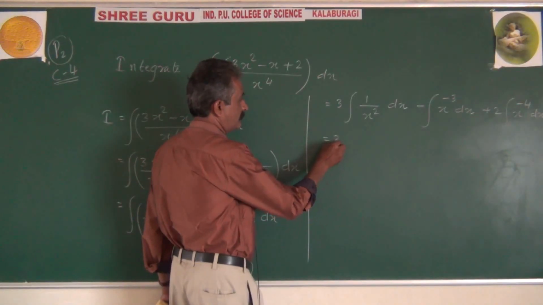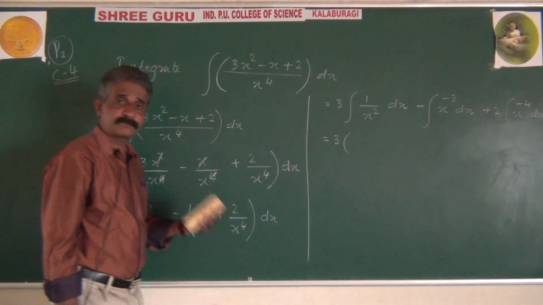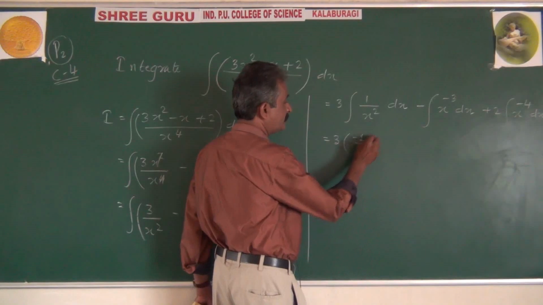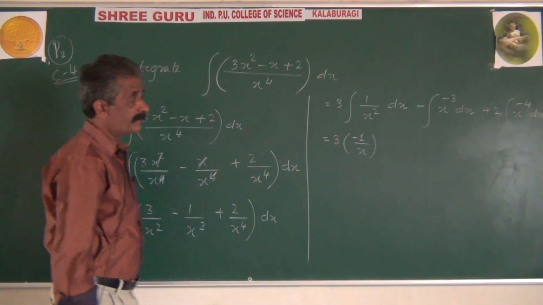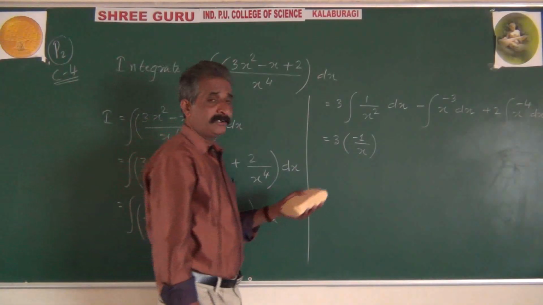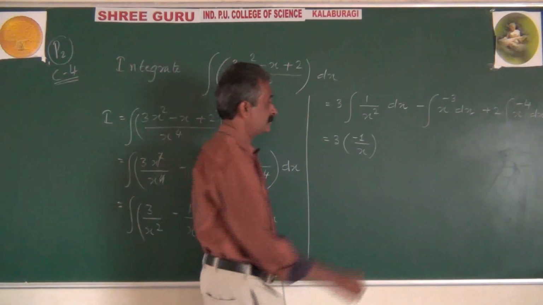3. Now recall the list of formulas. Integration of 1 by x square is minus 1 divided by x, the simple reason being that differentiation of minus 1 by x is plus 1 by x square. That is why integration of 1 by x square will be minus 1 by x.